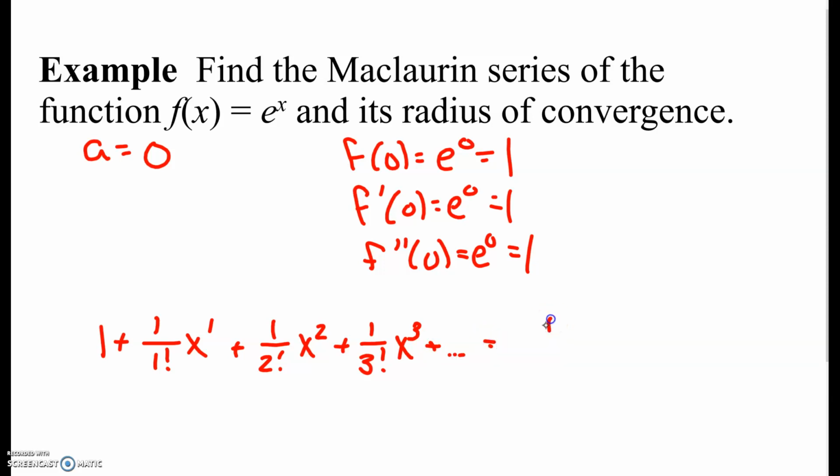In general, we can write that power series as a series n goes from 0 to infinity of x to the n over n factorial. So this first term can be thought of 1 over 0 factorial, and 0 factorial is indeed 1.